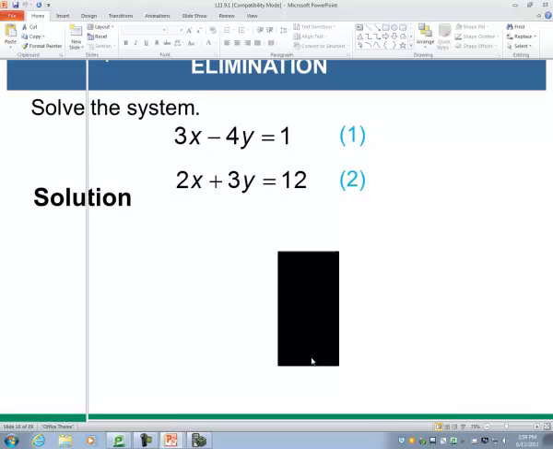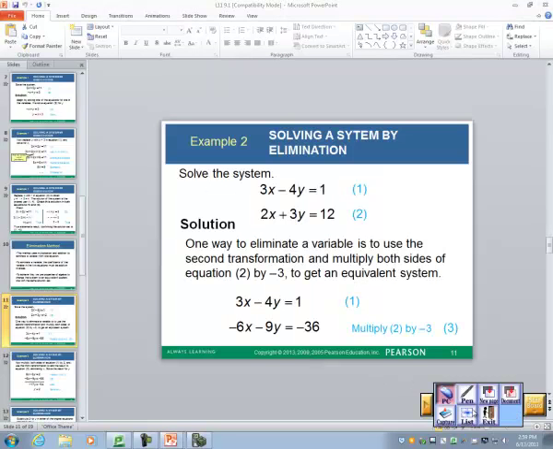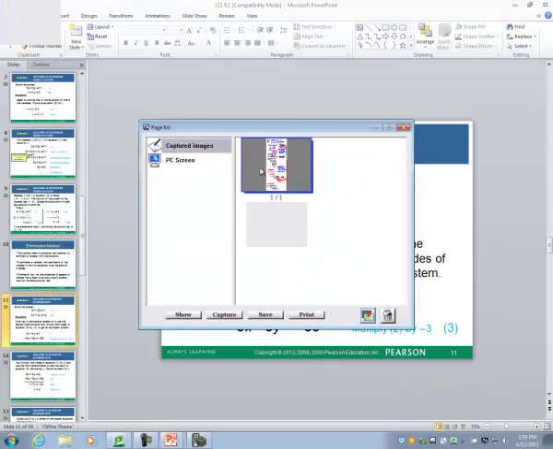All right. So here we have the equations 3x minus 4y equals 1 and 2x plus 3y equals 12. All right, let's see how that looks applying the elimination method.